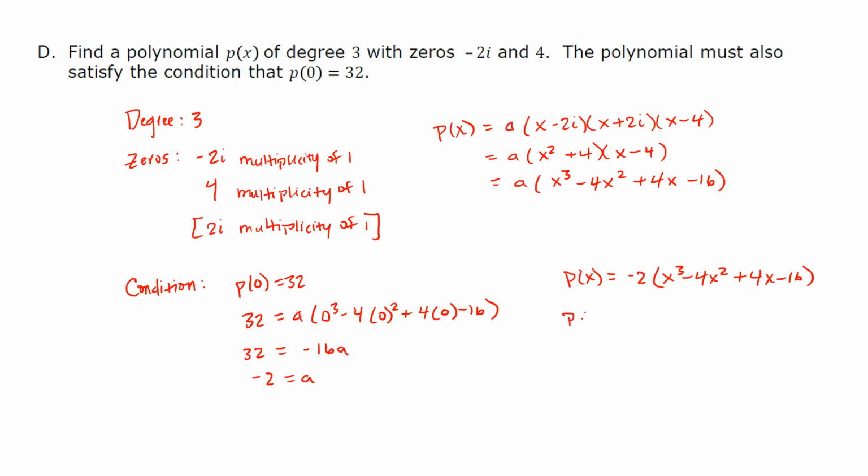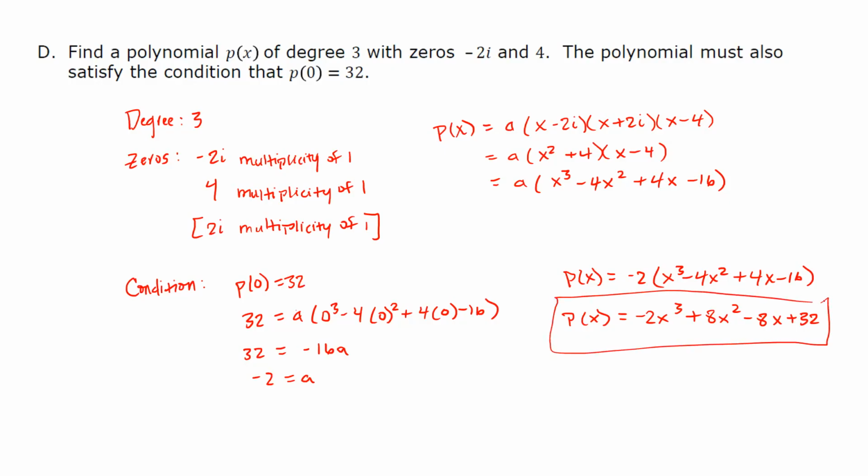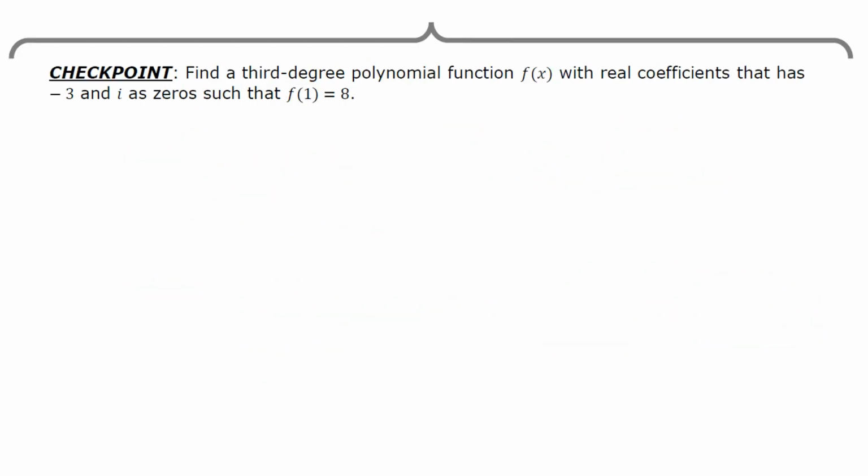When I distribute the negative 2 to every term, I'll get negative 2x cubed plus 8x squared minus 8x plus 32. And that is the polynomial for p of x. All right.